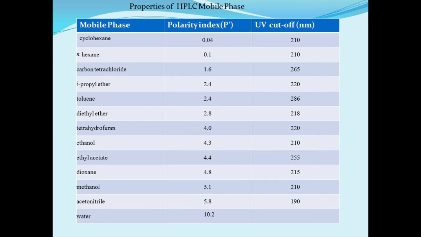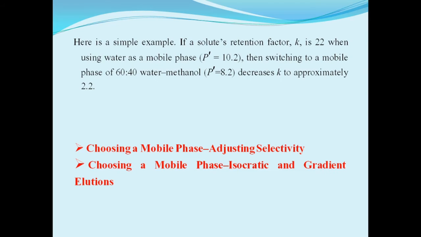If a solute's retention factor, small k, is 22 when using a water mobile phase, having polarity index of 10.2, then switching to a 60:40 water-methanol mobile phase, having polarity index 8.2, decreases the retention factor k to approximately 2.2.